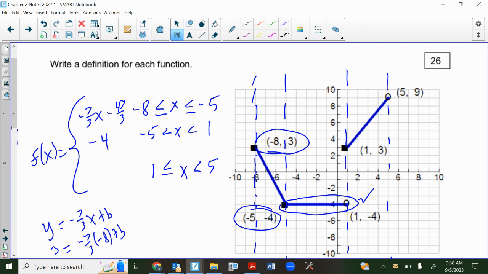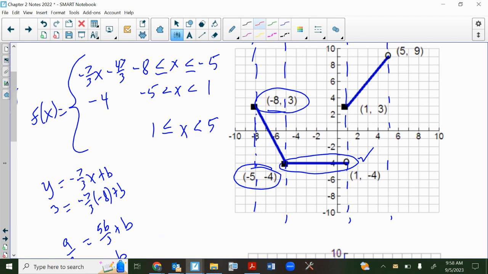Okay. And then we're going to do the same thing for this other one. I'll change colors just so there's no confusion. So again, I'm just going to count point to point. So 1, 2, 3, 4, 5, 6. 1, 2, 3, 4. So the slope is 6 over 4, which does simplify to 3 halves.